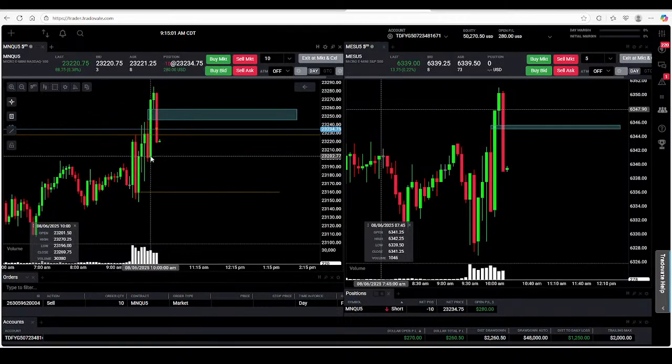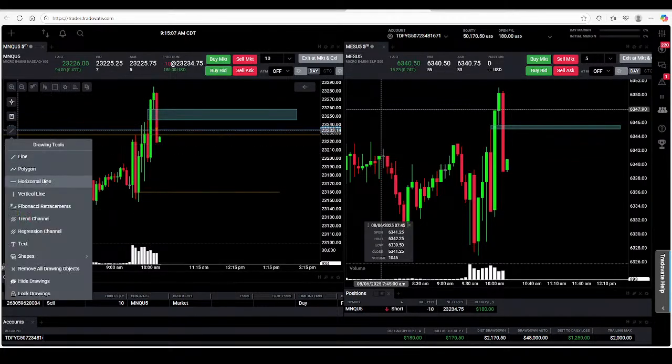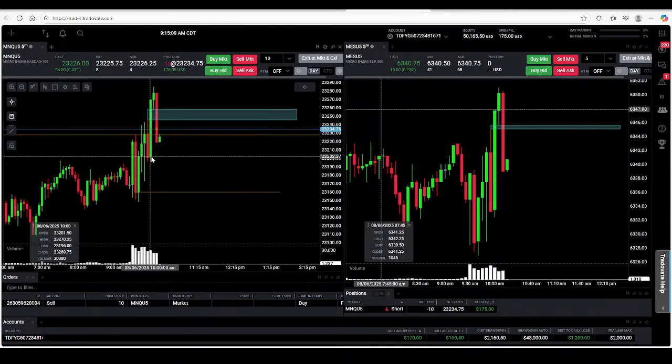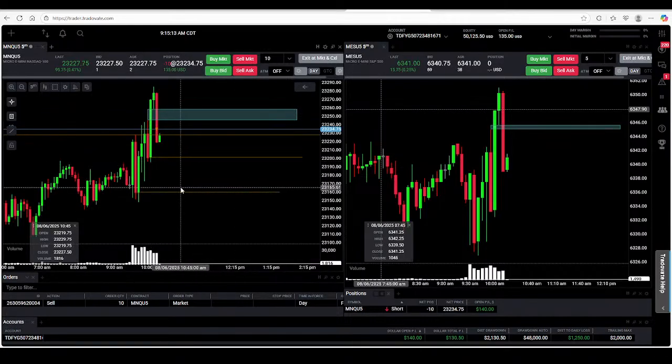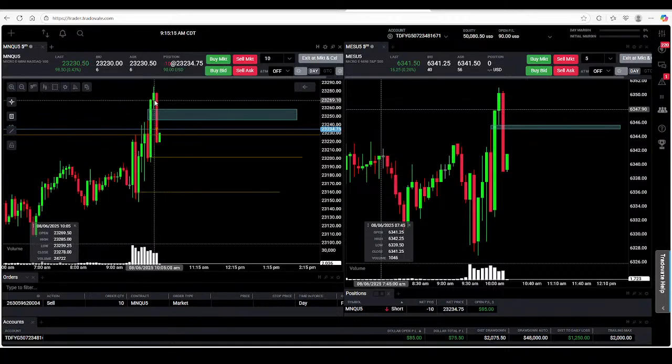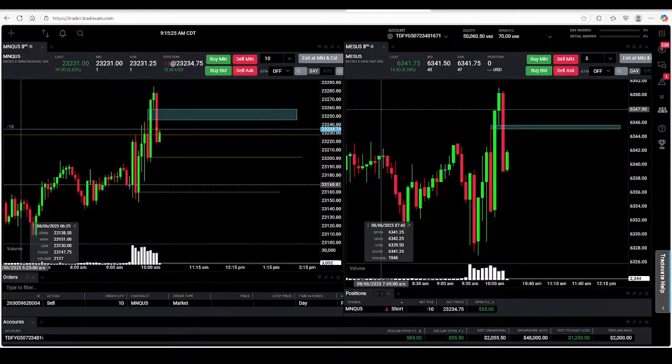We would love to see a close below right here, because this would make this our next assist. A change in state of delivery, continue to push up, which we sweep. So this is the beginning of the drive. So we'd love to see a close below right here to push lower.